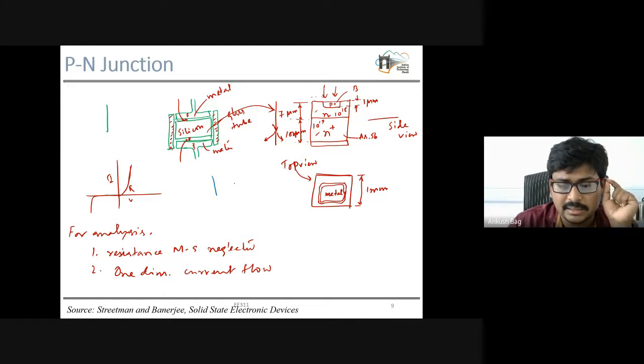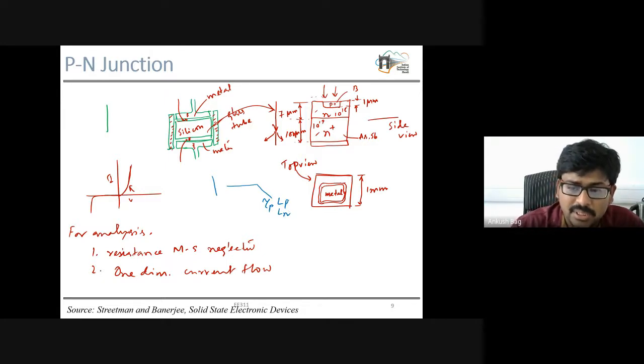After generation of carriers, there was a minority carrier concentration, when we discussed direct recombination. There we have this diffusion length concept: the length a carrier will travel before recombining. So tau p, then Lp, Ln. These are the diffusion lengths.